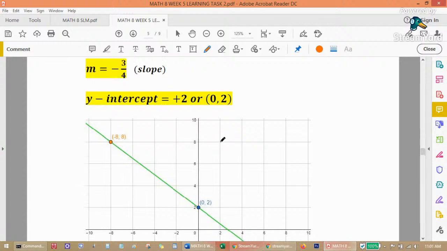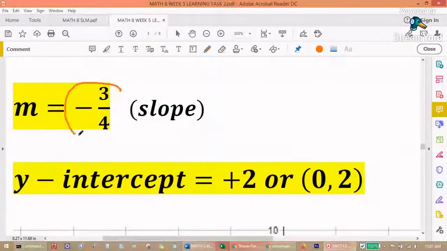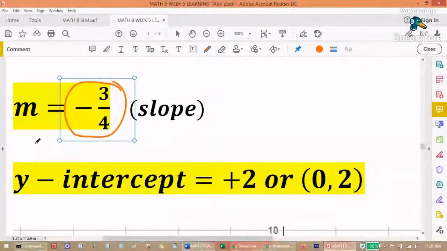So, kailangan mo ng second point. Titingnan natin ang slope para malaman natin kung saan pupunta yung second point. So, ang slope natin is negative 3 over 4.